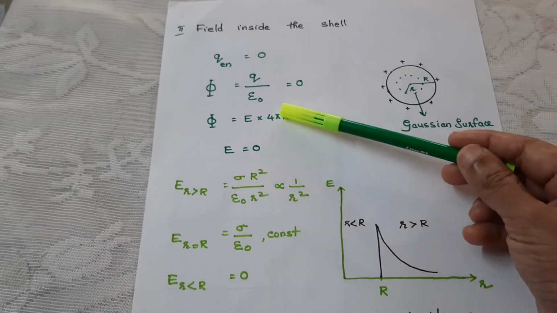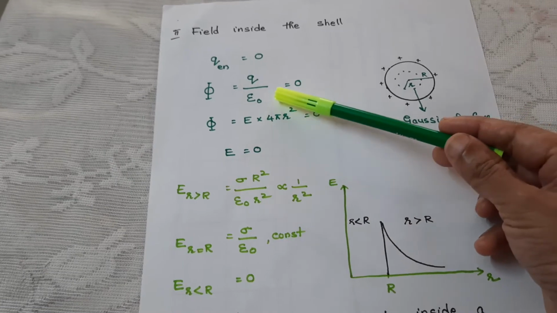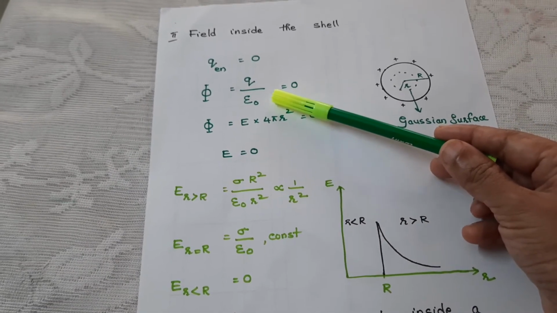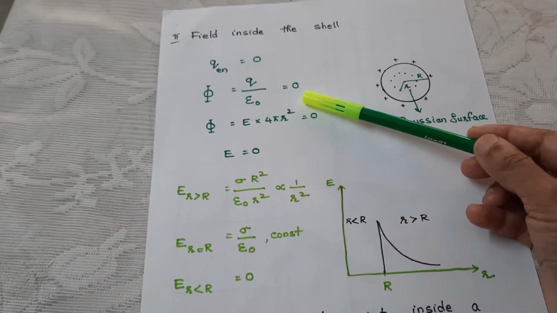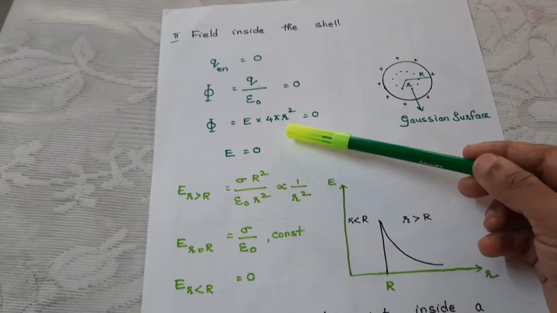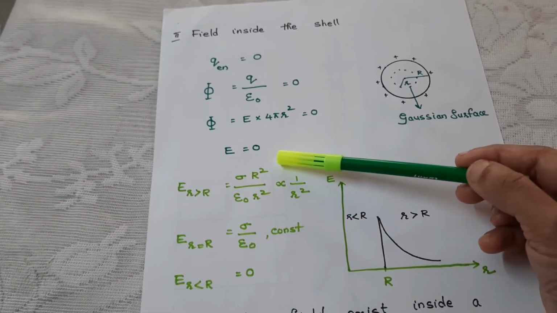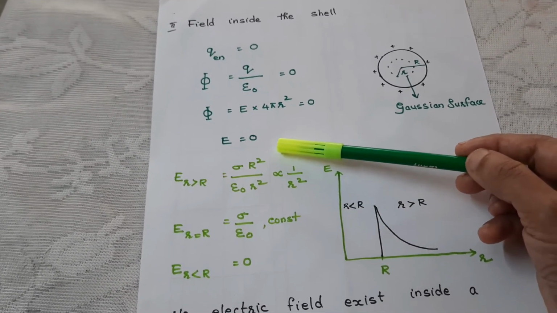So according to Gauss's theorem, phi is equal to 0, as the charge enclosed is 0, the total flux is 0. Flux E into 4 pi r square is equal to 0. So the electric field inside the shell is 0.